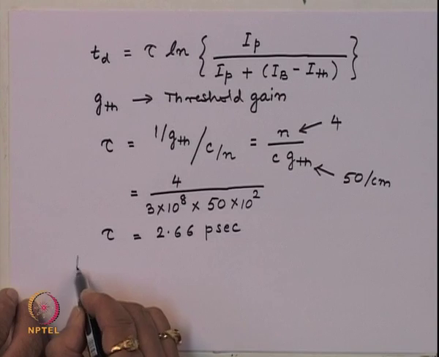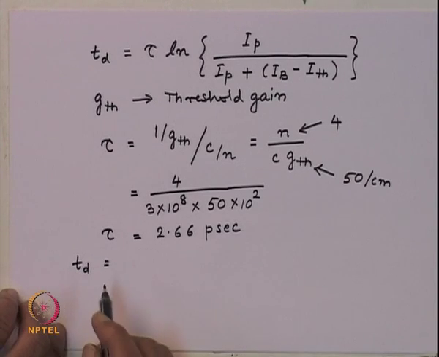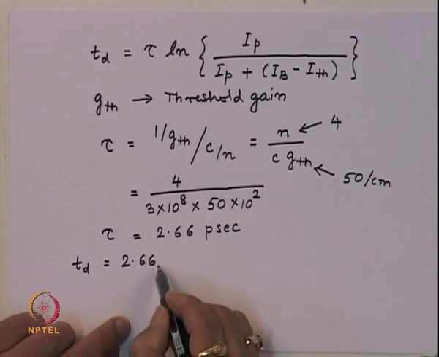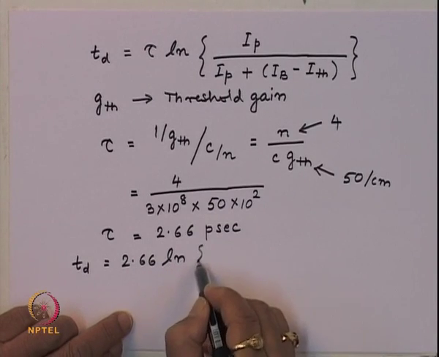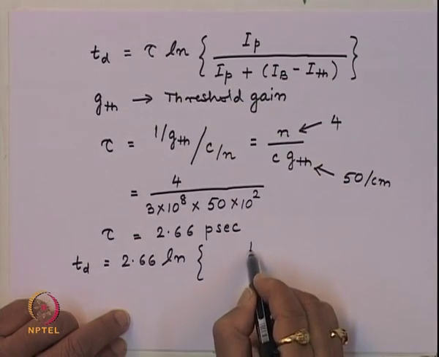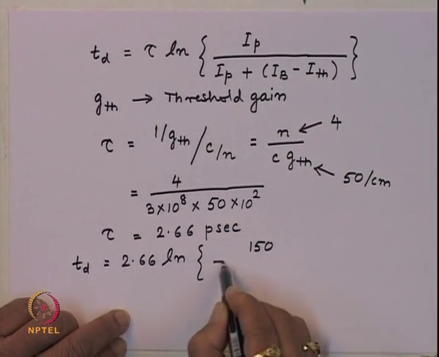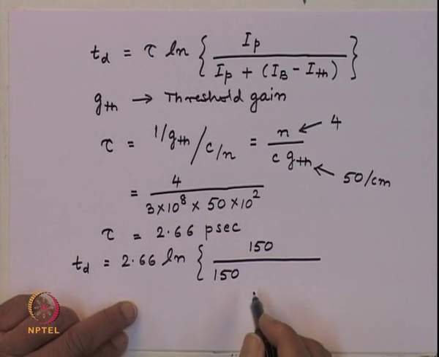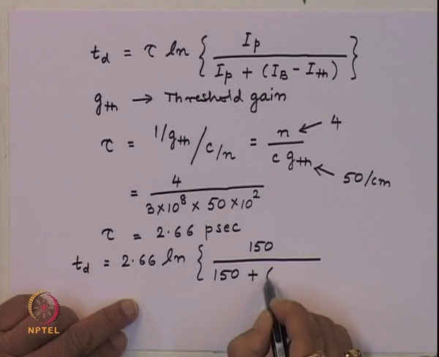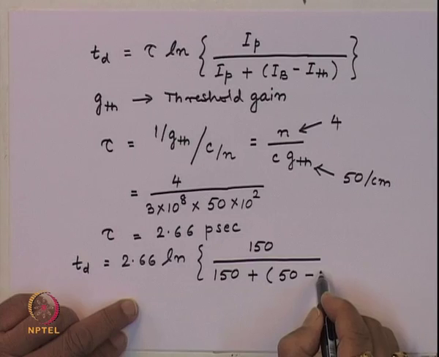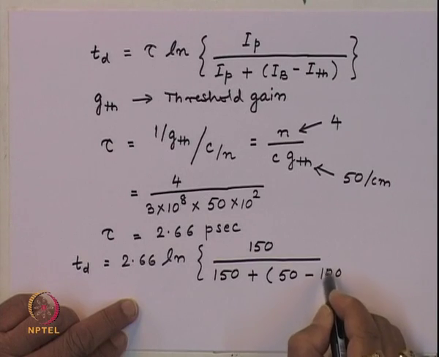So, T d, which is the delay, is given as 2.66 ln of I p, which is given as 150 milliamperes. So, this is 150 divided by 150 plus the bias current, which is 50 milliamperes, minus the threshold current of the laser, which is 100 milliamperes.